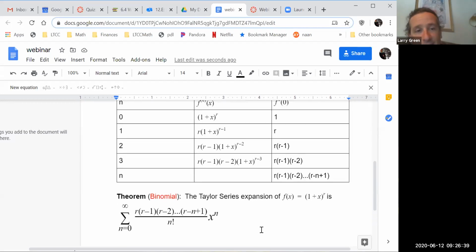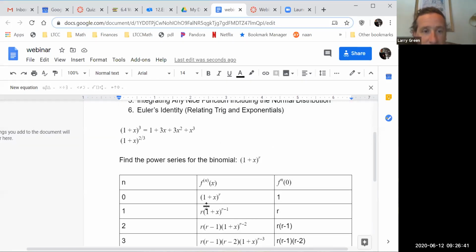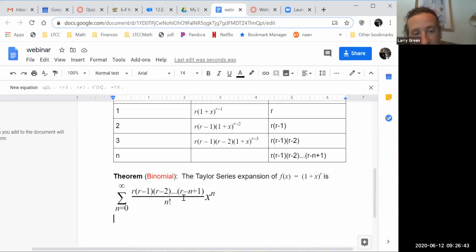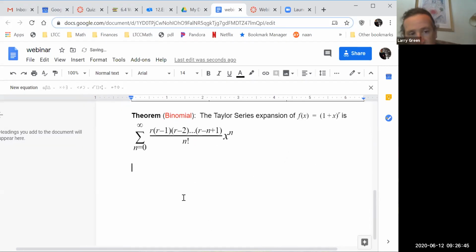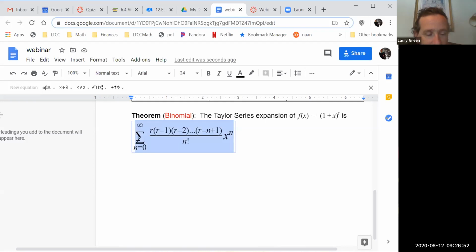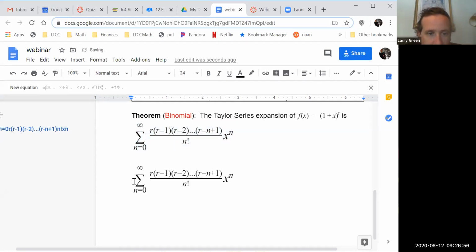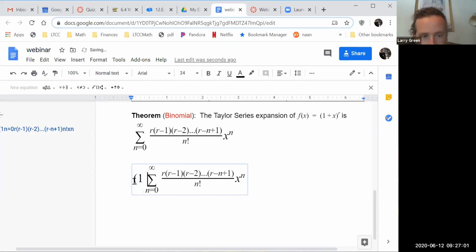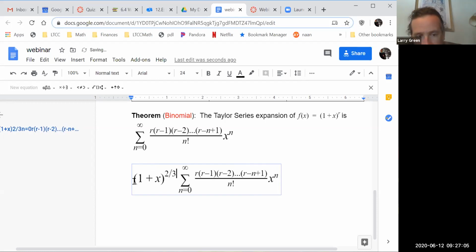So now that I have this, I can answer my question. How about (1 plus x) to the 2/3? So what I can say is I can just copy. I could say (1 plus x) to the 2/3 is equal to, well, r is 2/3.